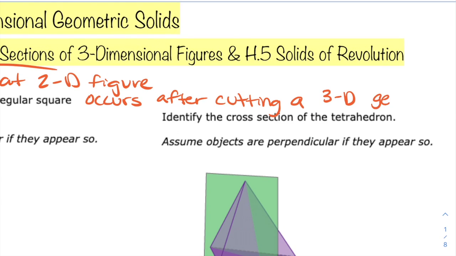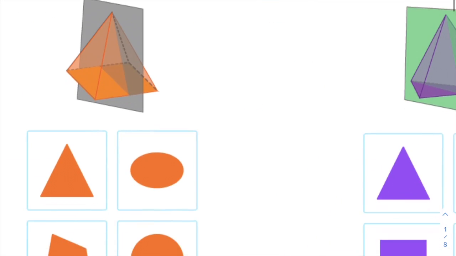Well, 3D geometric solid. Okay, that's our major question for this section.